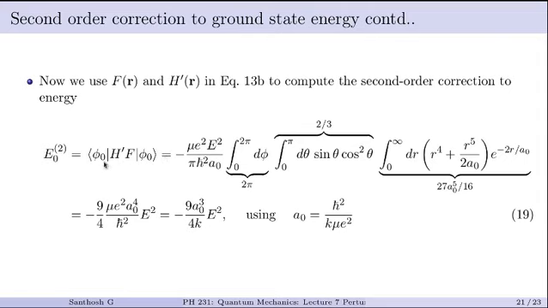Now we know the functional form of phi 0, we know what h dash is, and we have just computed f of r, and we know phi 0. So in the spherical polar coordinates, this will become the following integral.